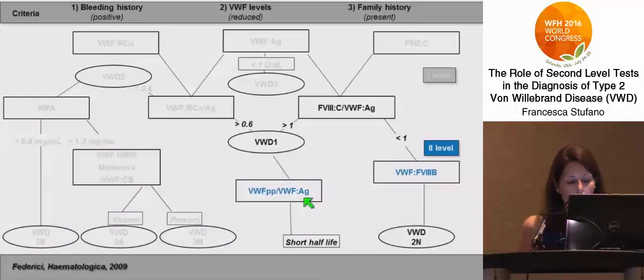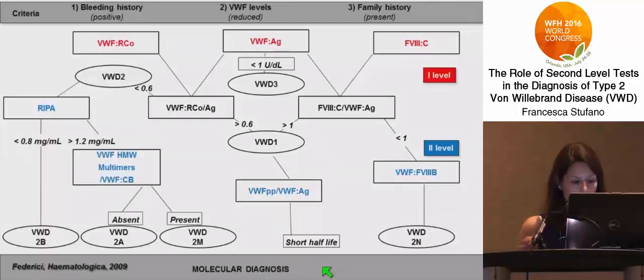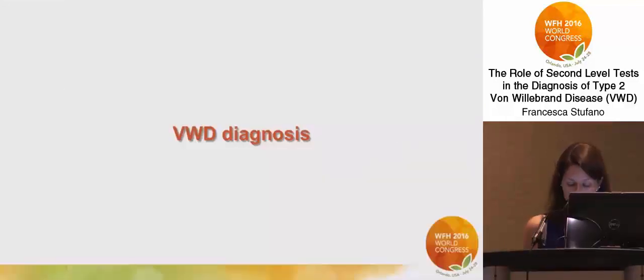With the ratio of propeptide to antigen, we can better understand the half-life of the protein. And with von Willebrand factor VIII binding, we can diagnose von Willebrand disease type 2N. Also, molecular diagnosis plays an important role in von Willebrand disease diagnosis. We can spend some words about it at the end of the presentation.